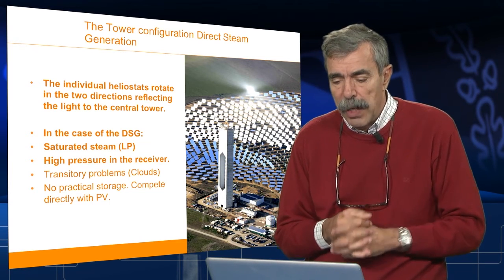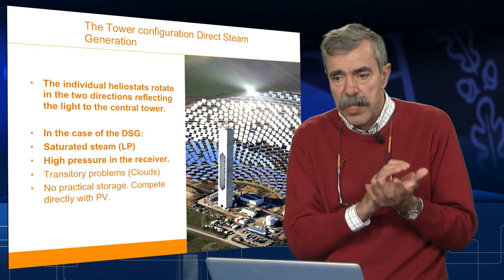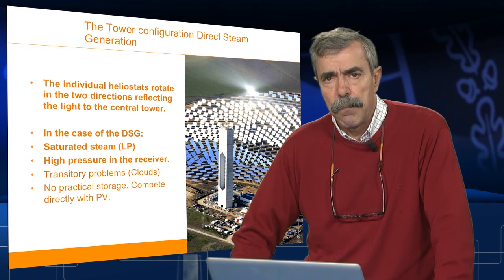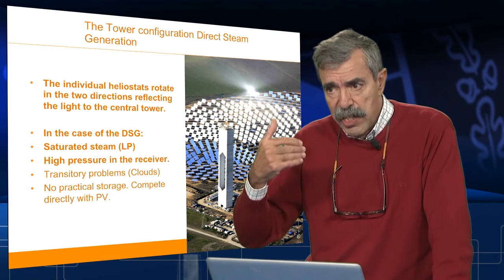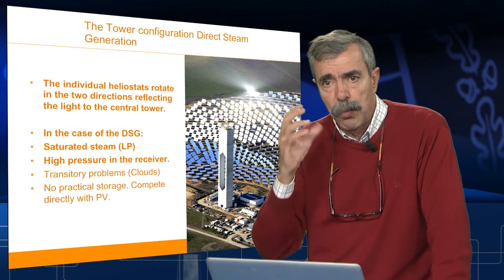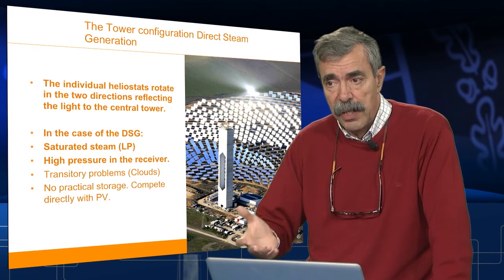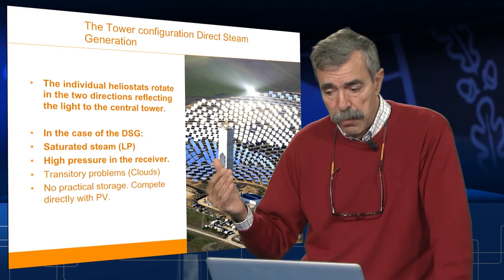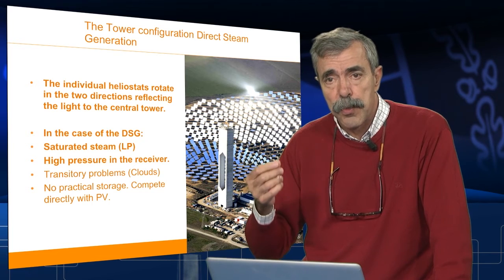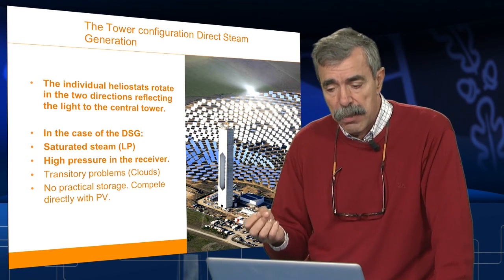In the case of the plants I know, first of all, you are generating steam in the receiver, and that has some difficulties from the technical standpoint. The receiver is exposed to very high temperatures, but variable temperature, meaning that during the night it will be cold, then during the day it reaches impressive temperatures. So the tubes are exposed to difficult conditions due to the change in temperature.